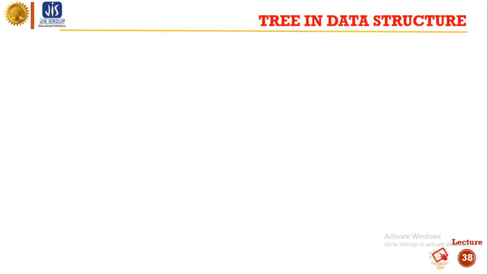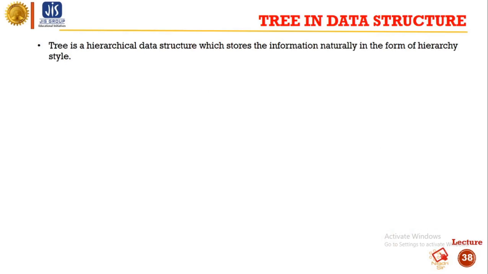Now, what is tree in data structure? Basically, tree is a hierarchical data structure, which stores the information naturally in the form of hierarchical style. A tree is a nonlinear hierarchical data structure that consists of nodes connected by edges.